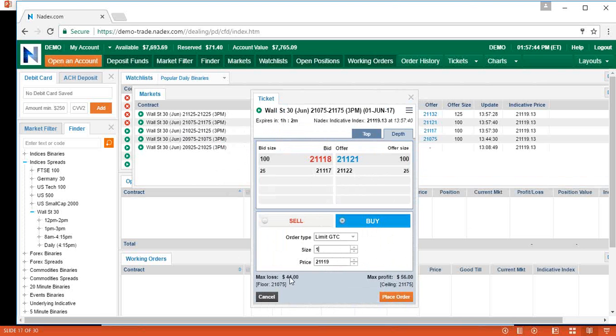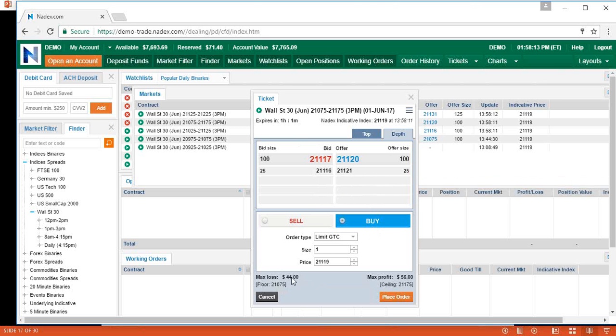So it says max loss $44. But maybe with my system, if it goes against me 20, 25, I'm going to get out anyway, right? So if it went against me 20 and I got out of it, what would be my loss? 20, right? Because with my system, if it goes against me 20, I'm just going to get out.